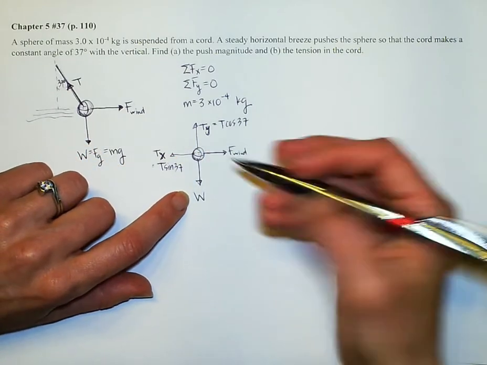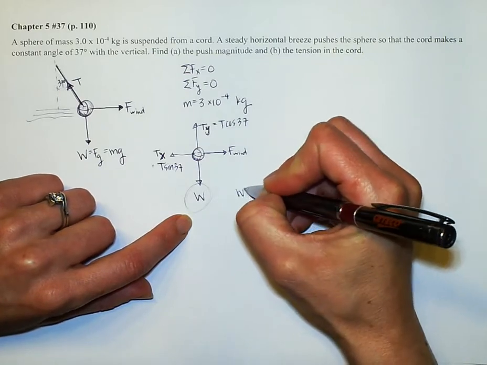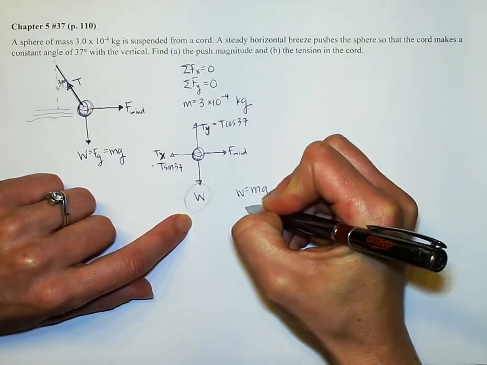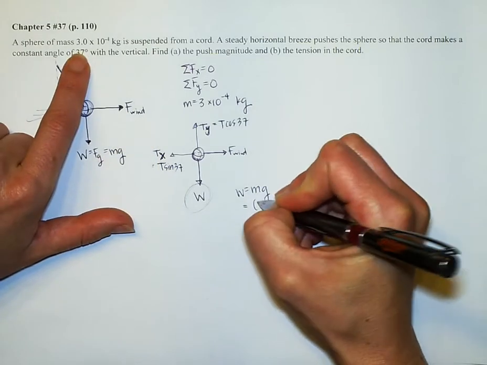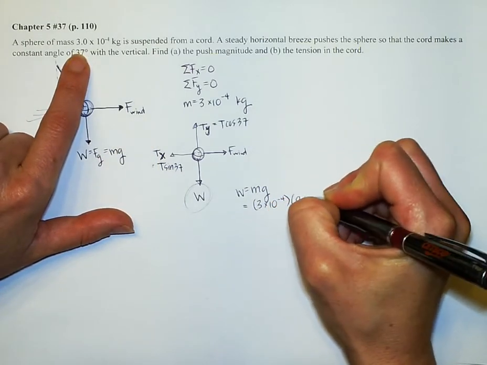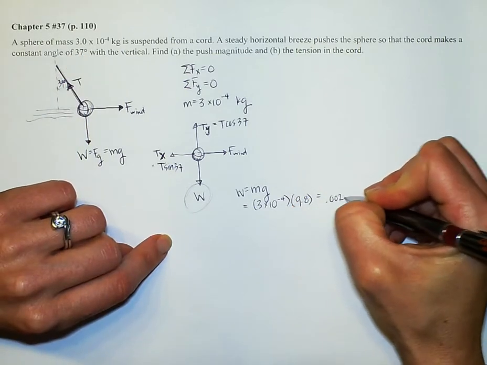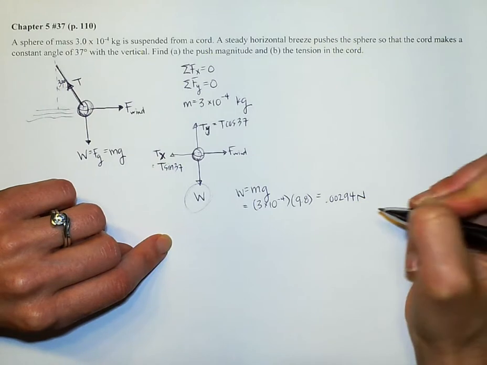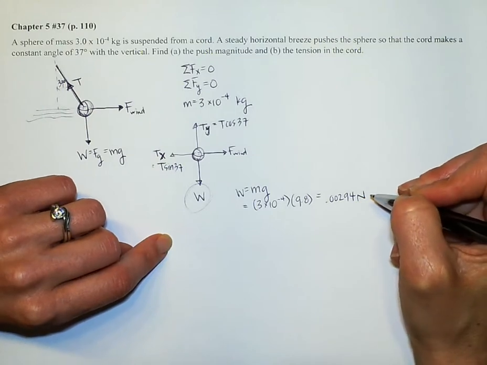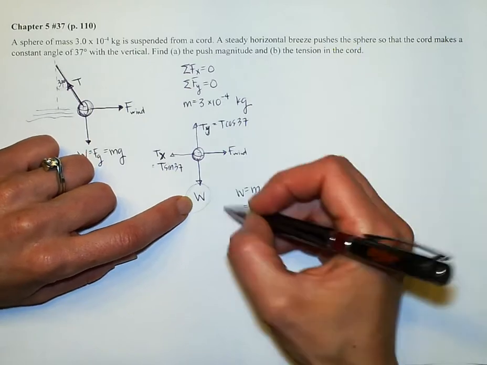And so let me solve for our weight, since we actually can solve for that. So our weight equals our mass times gravity, which equals 3 times 10 to the negative fourth times 9.8. And that will equal 0.00294 newtons. And so what that tells me, since I know that I'm in equilibrium, the sum of the forces in the y direction equals 0.